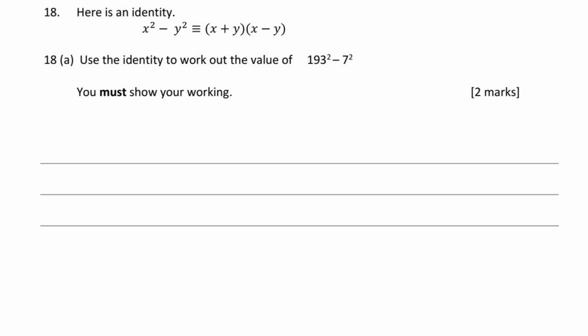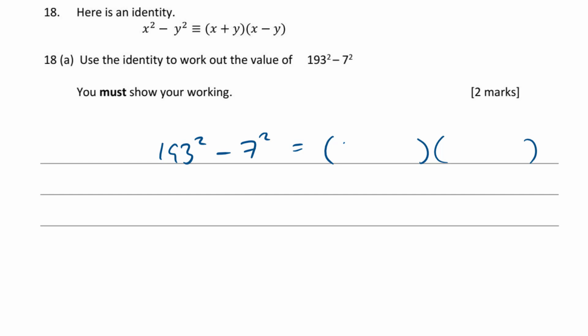Okay, so what we're going to do is take 193 squared minus 7 squared. And rather than working out 193 squared, this is a non-calculator paper, isn't it? It's going to be tough. I'm going to use my identity instead. So if I've got one thing squared minus the other thing squared, that's the same as the thing plus the other thing multiplied by the thing minus the other thing.